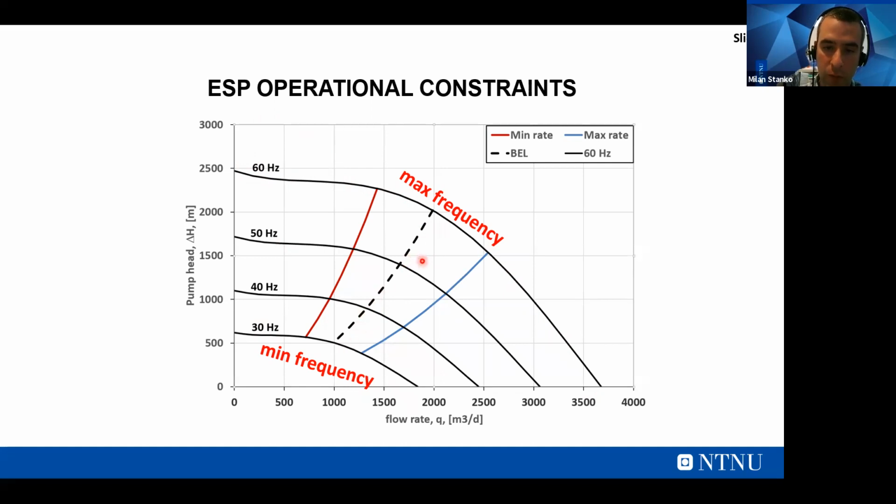But besides that, you also have some operational limits, here given by the minimum frequency and maximum frequency, this blue line and this red line. This is because if you go too much to the right, you have poor hydraulic efficiency, and if you go too much to the left, it also has poor hydraulic efficiency.